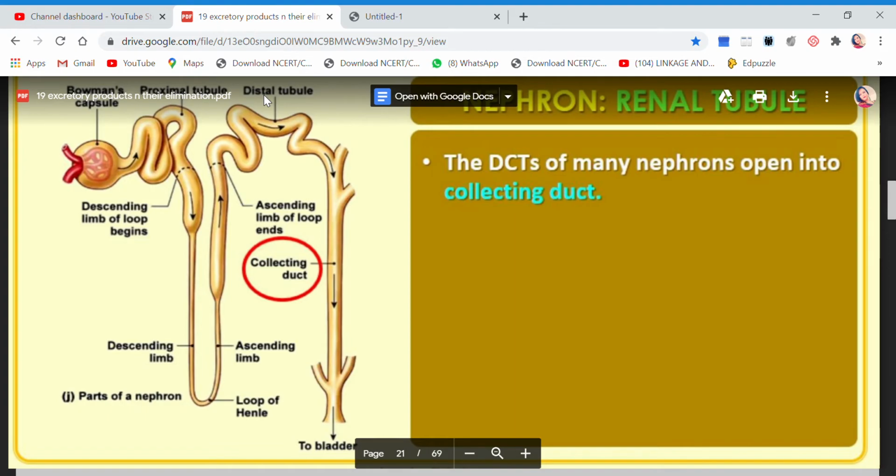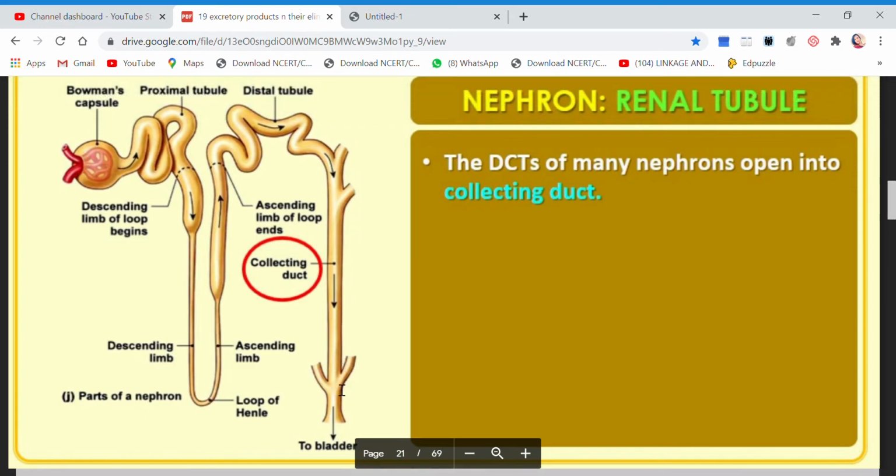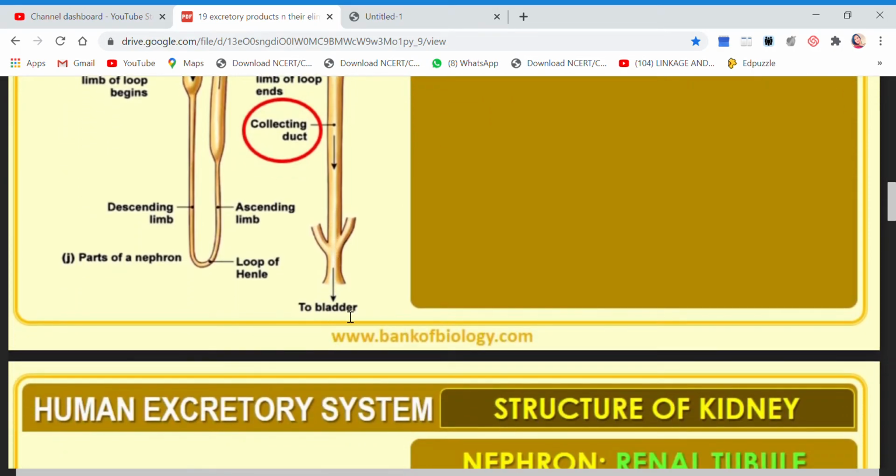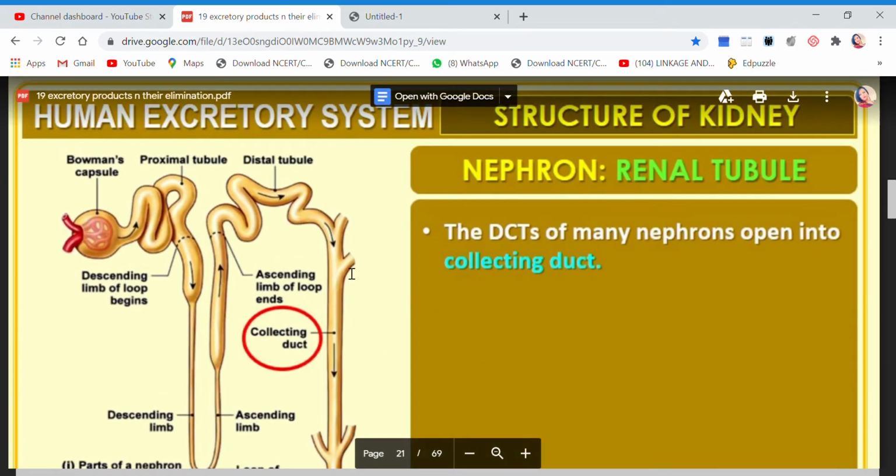Convoluted means the same, lot of folds, and tubule you know. So because these convolutions are at the start, we call it proximal convoluted tubule, and because these convolutions are at the end, we call it distal convoluted tubule. And after distal convoluted tubule there is a duct called collecting duct. This is called collecting duct which leads to bladder.